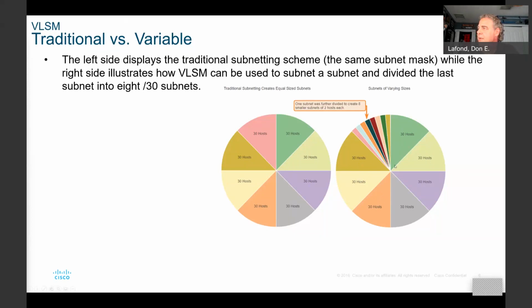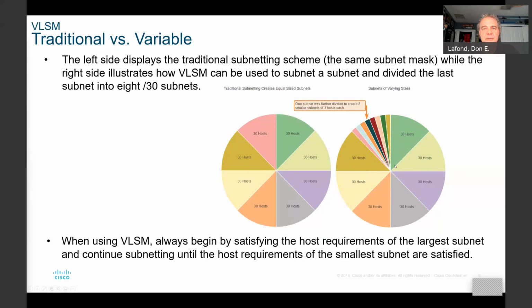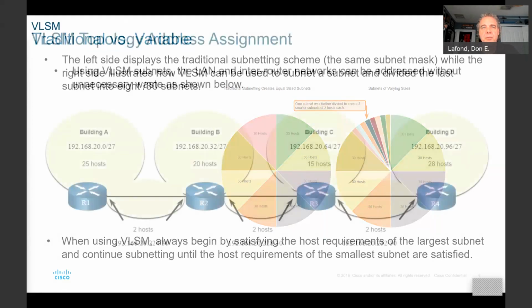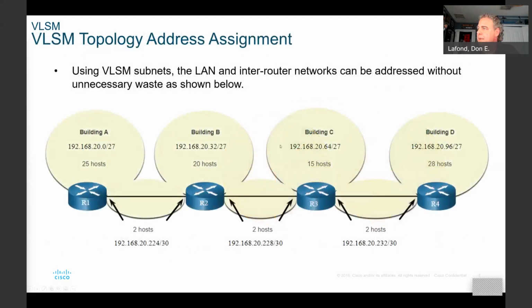And then we can apply those networks appropriately. So the 4 big networks get /27s, which give you enough hosts, 32 addresses in each, 30 usable. And then for the connecting networks, we use only /30s, so we don't have any wasted addresses now.